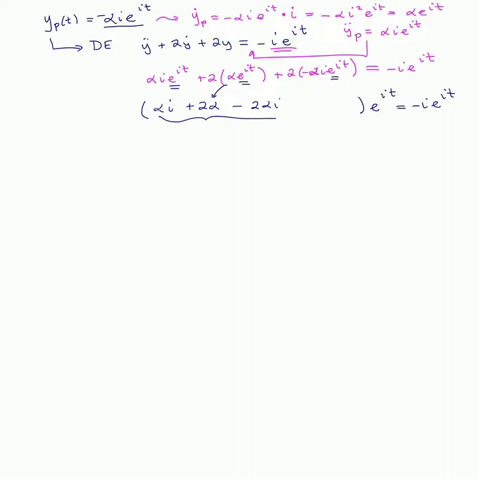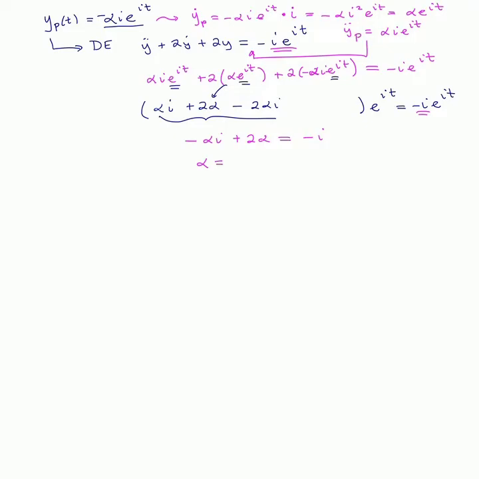Okay, this simplifies. On the next line, there's minus 2 alpha i, and then alpha i, so it'll be minus alpha i plus 2 alpha. Okay, that has to equal the coefficient on the other side of minus i. Our goal is to solve for alpha.